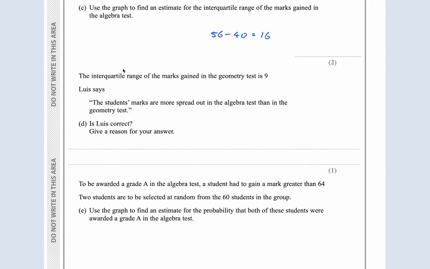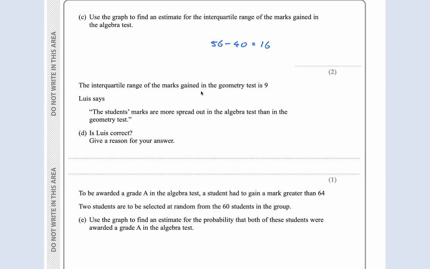Then he says the interquartile range of the marks gained in the geometry test is 9. Lewis says the students' marks are more spread out in the algebra test than the geometry test. Is he correct? Yes, he is correct, because that's what the interquartile range helps us determine, which data are more spread out.